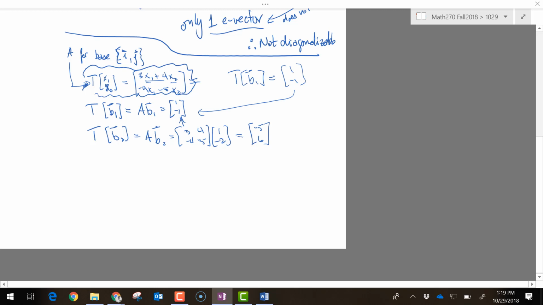So that's the linear transformation T part.